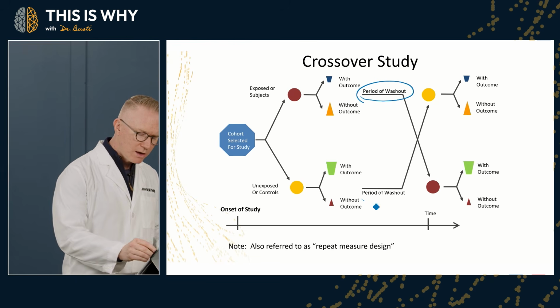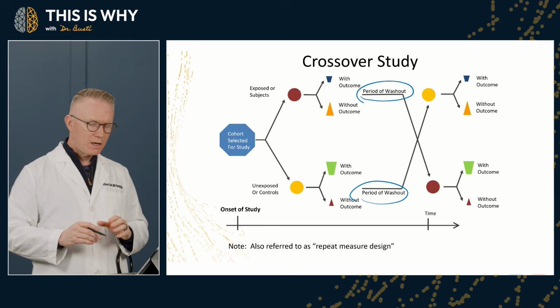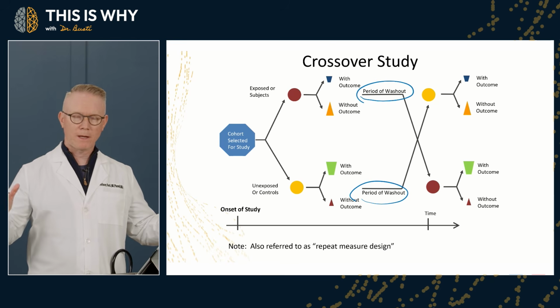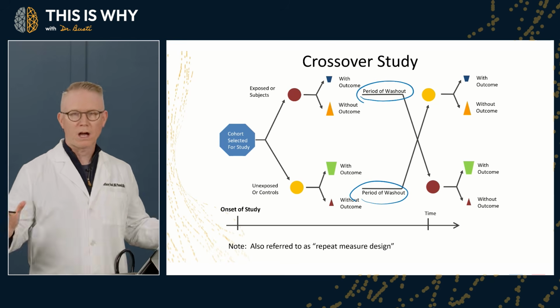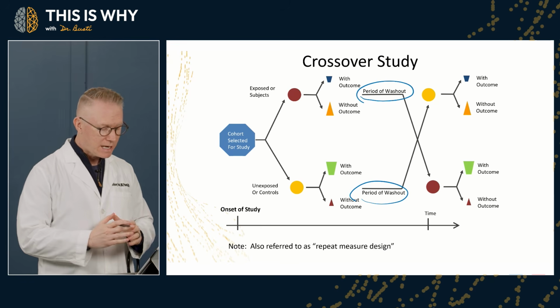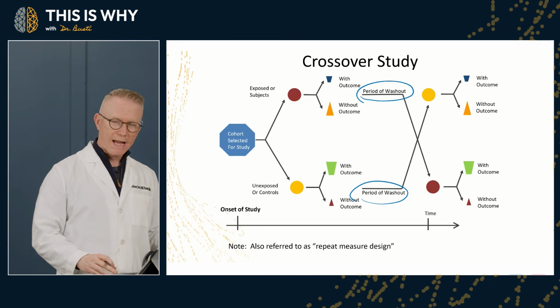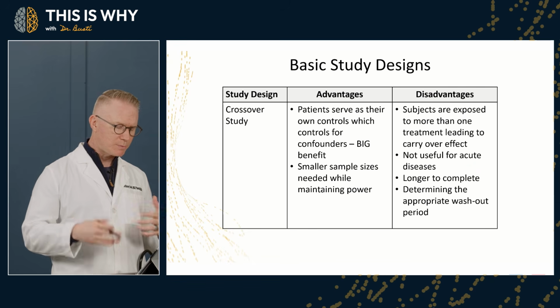So the period of washout depends on the intervention. This can obviously prolong the study, cause more time needed. Sometimes it raises the cost because of the duration, and sometimes you run the risk of losing these patients.